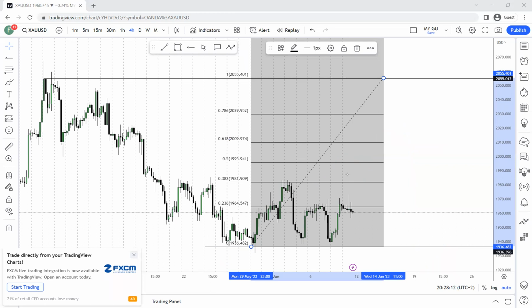All right, so let's do it again one more time. So we're saying a Fibonacci, we use it to find areas that we think price might retrace to, right? So once it retraces to that area, it rejects that area, giving us our next impulse. Because remember, price gives us one impulse, correction, and then another impulse.